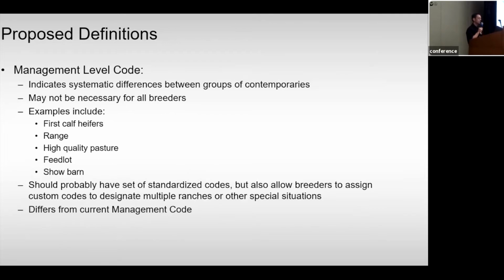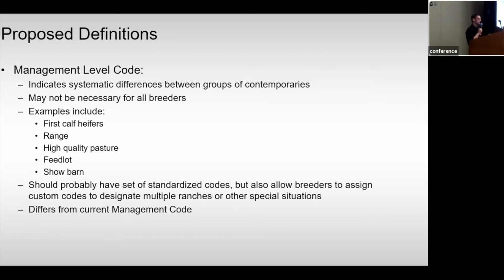And then finally, in proposed definitions, there would be a management level code which indicates systematic differences between groups of contemporaries. And that may not be something that's needed for all breeders, but you can think about first calf heifers, right, where a lot of people would most certainly impose different management on them than they might other age classes of females.